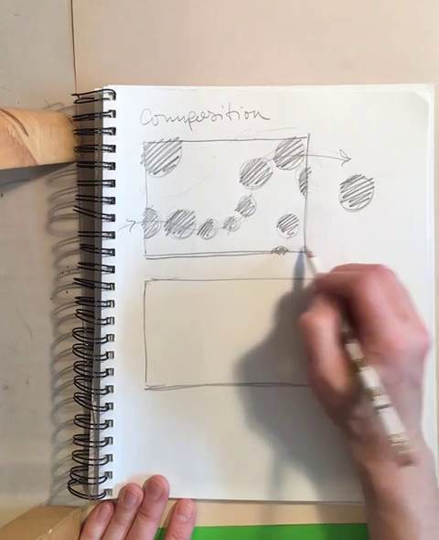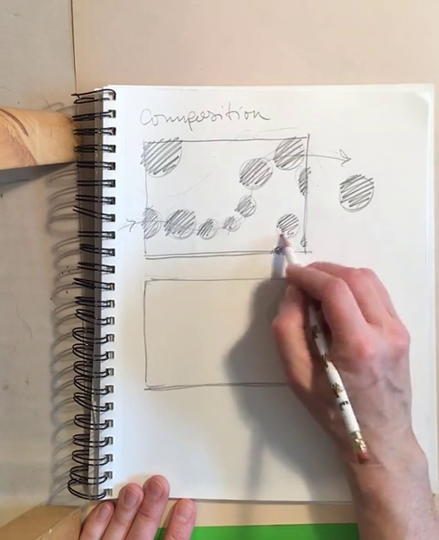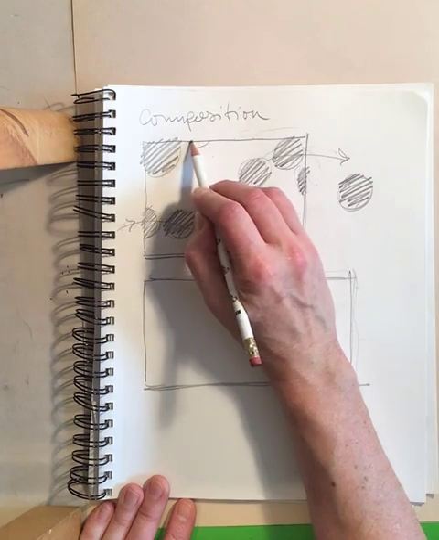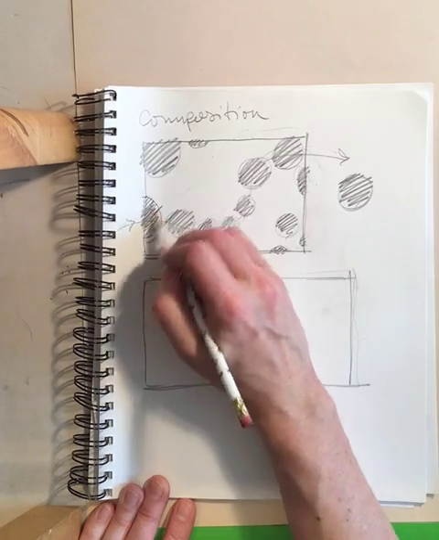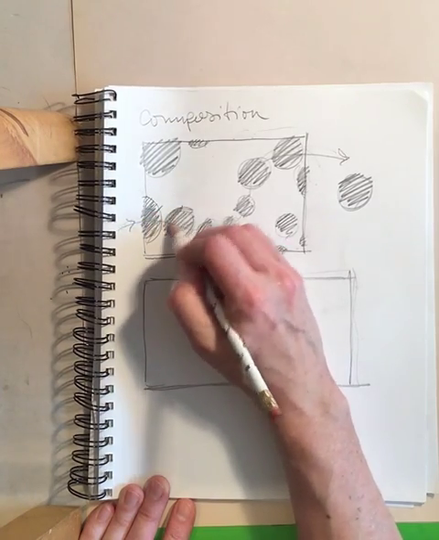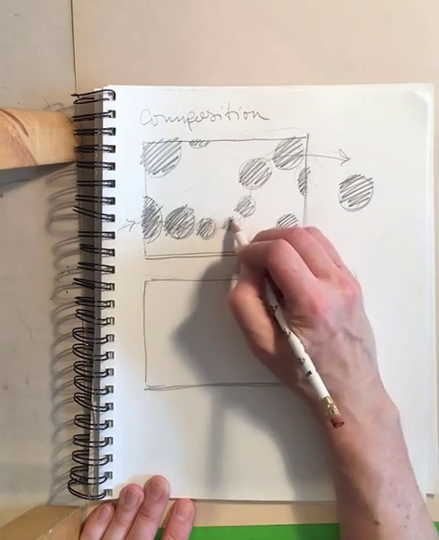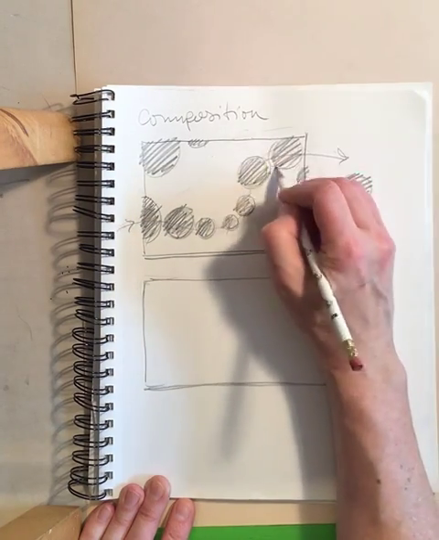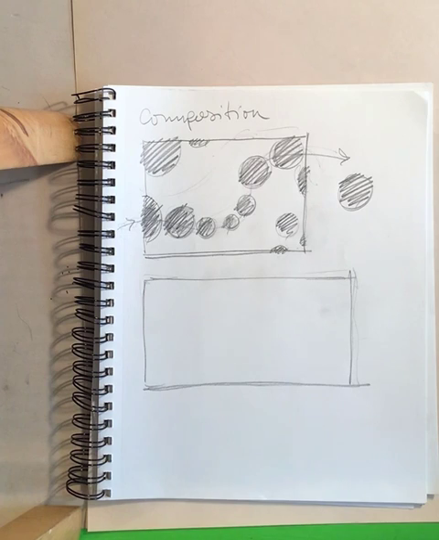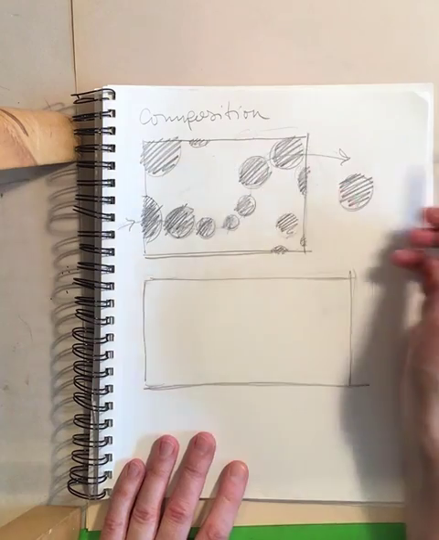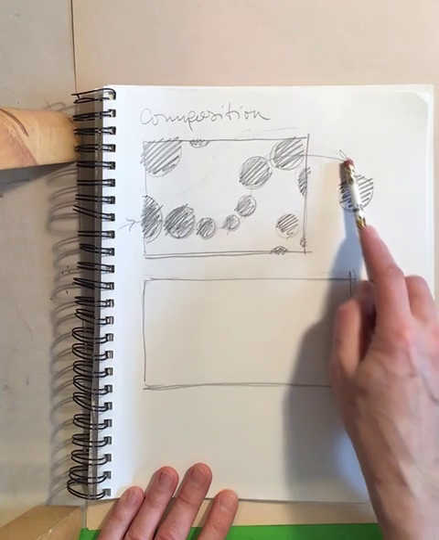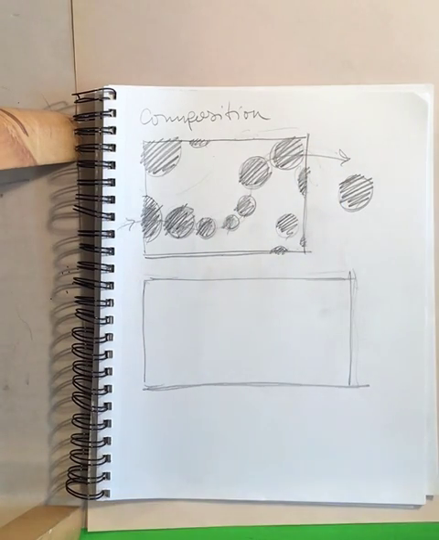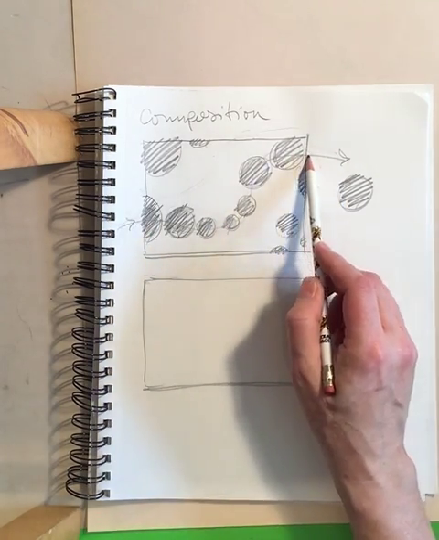If I add some extra shape here, but I keep this dominant, like that, then the viewer will see this as the more important part of the composition.